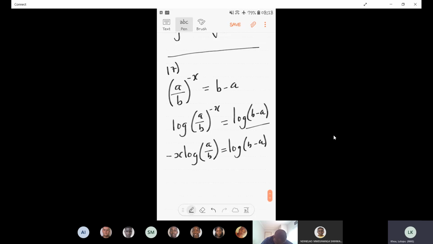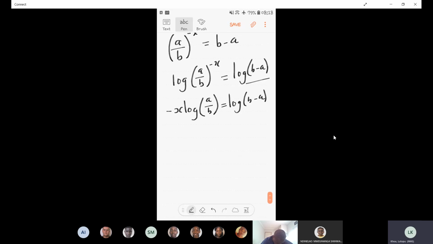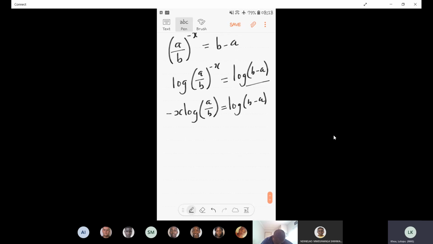And then I want x to be the subject of the formula, so I'm going to divide by the negative log a over b. So I have x is equal to negative log b minus a over log of a over b. So that's what I have.